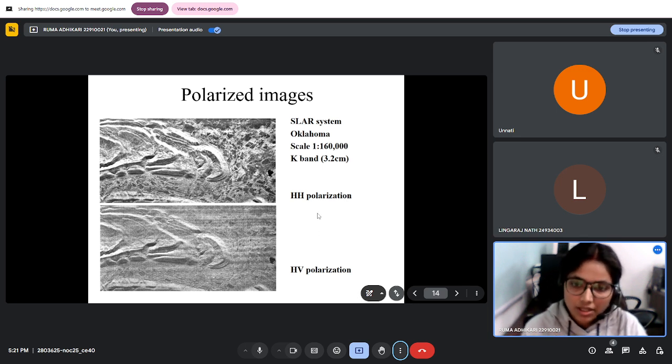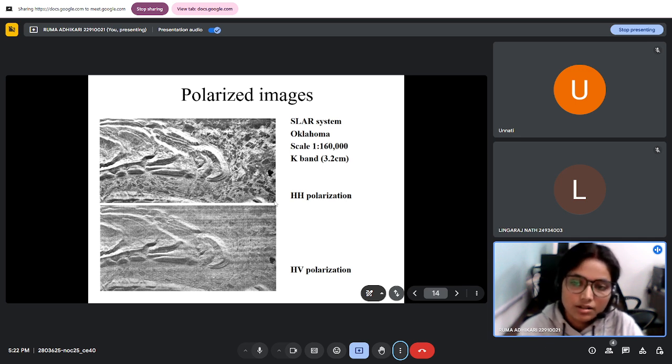We can see how HH looks, and how the same area appears in HV polarization. It is different because in HH it is transmitting a horizontally polarized wave and receiving it horizontally, so the orientation is not changing.